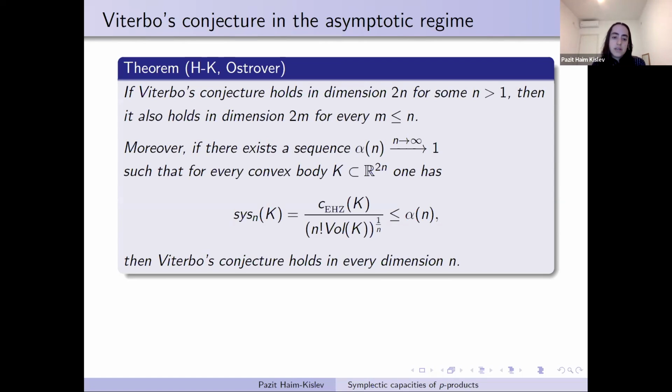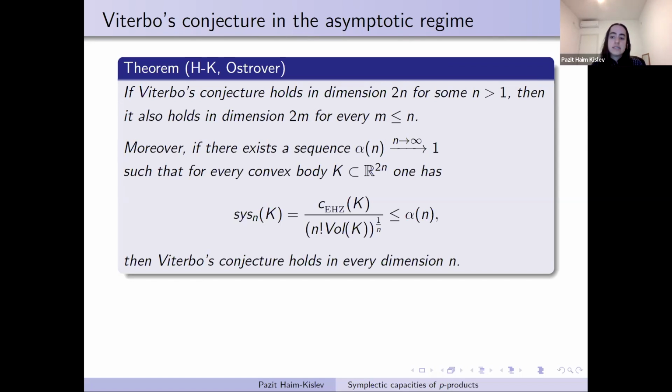So a natural approach would be to take K times K. However, this is not successful, as if you look at the ball and you take its Cartesian product with itself, then it's no longer a symplectic ball, and its systolic ratio would be strictly smaller than 1. So you cannot take just a Cartesian product, just a symplectic Cartesian product.